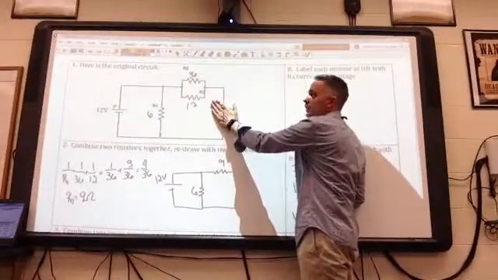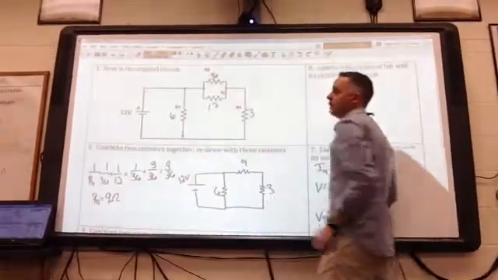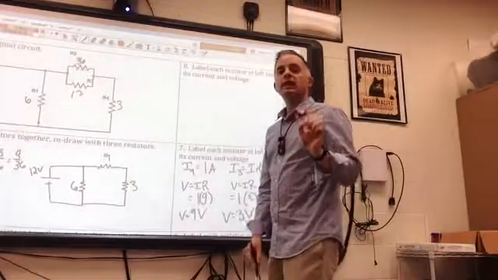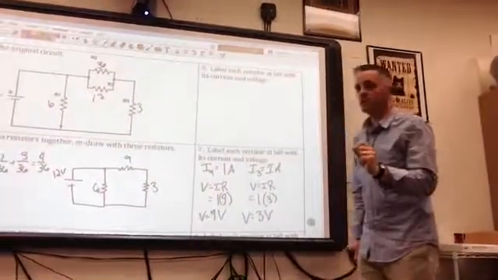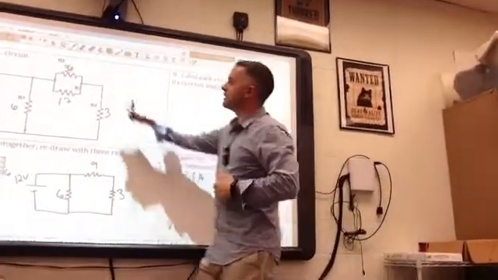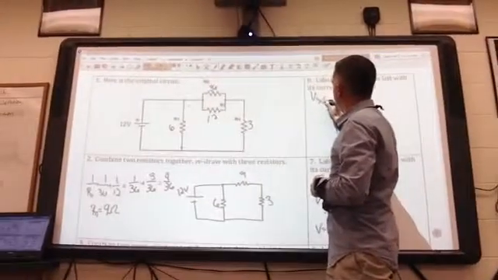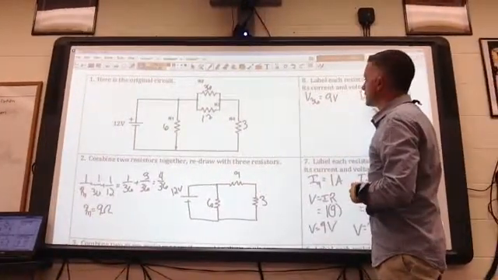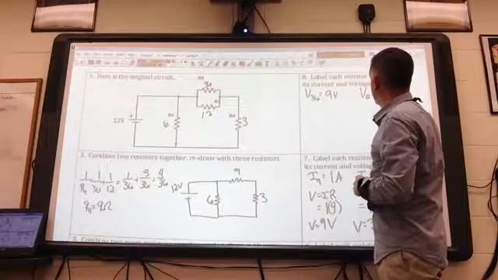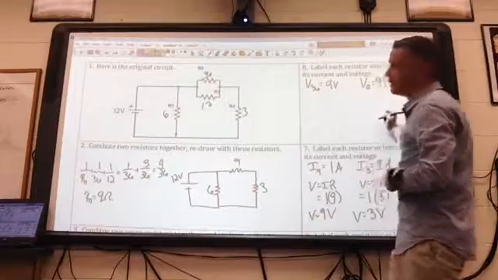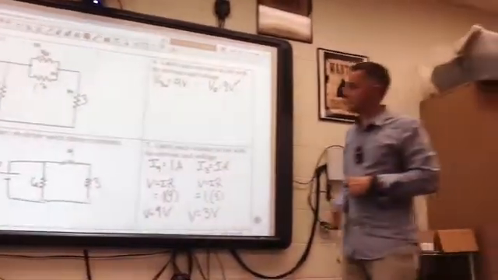So we leave him alone. We're left with these two, R2 and R3. Parallel circuit. What do they get the same of? They get the same voltage, correct? So how much does the 36 get? 9 volts, right? How much does the 12 get? 9 as well, right? They both get 9 volts.